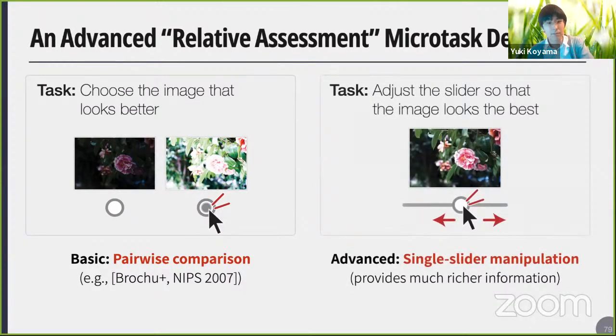Instead, in this work, we ask crowd workers to perform a single slider manipulation task, which is sufficiently easy, and this is still considered as a relative assessment within this one-dimensional subspace. And this microtask design provides much richer information than pairwise comparison, and so the optimization can converge much faster.